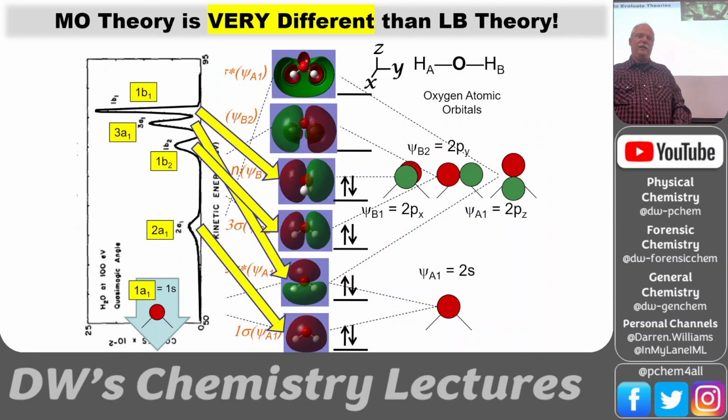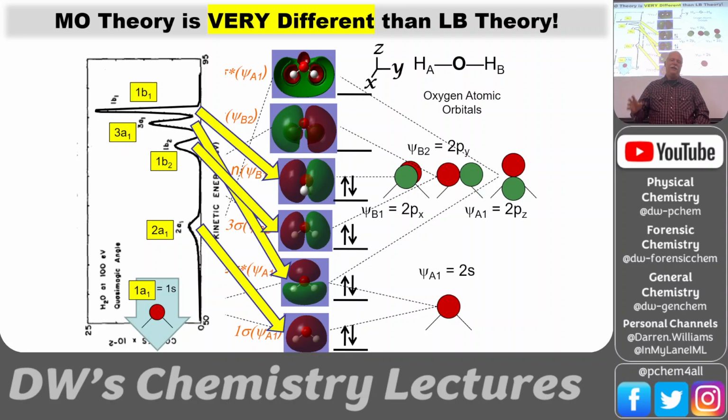So this is really showing that local bond theory is totally wrong. It does not accurately represent the bonding in the molecule. A bond does not have 2 electrons between the 2 atoms. It doesn't. Where's the bond?